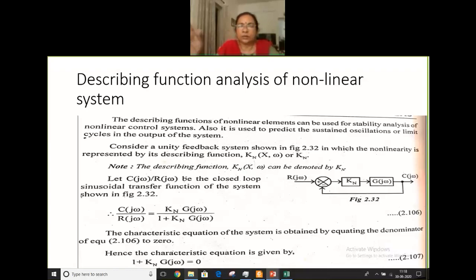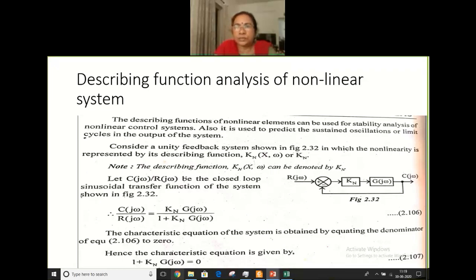Now once again I'll explain describing function analysis of nonlinear system. We are introducing the nonlinearity to the unity feedback system. For the unity feedback system, what is the closed loop transfer function? C(s) by R(s) is equal to G(s) upon 1 plus G(s)H(s).